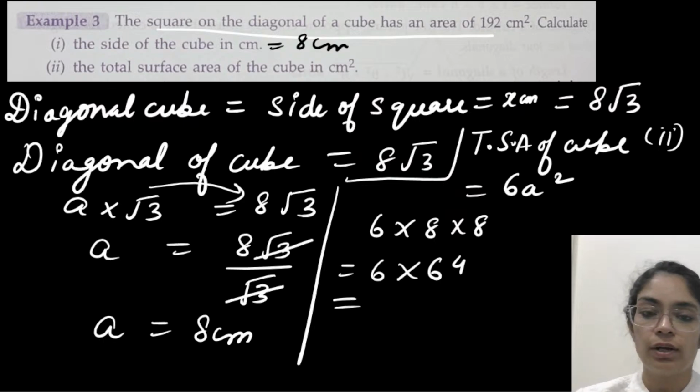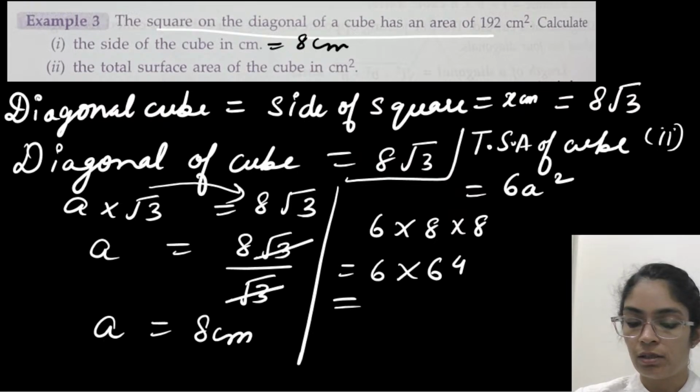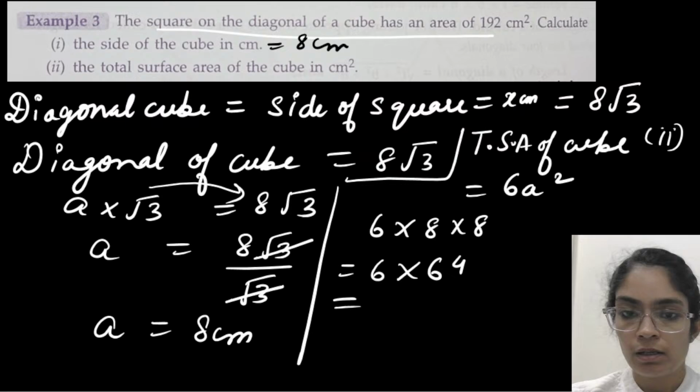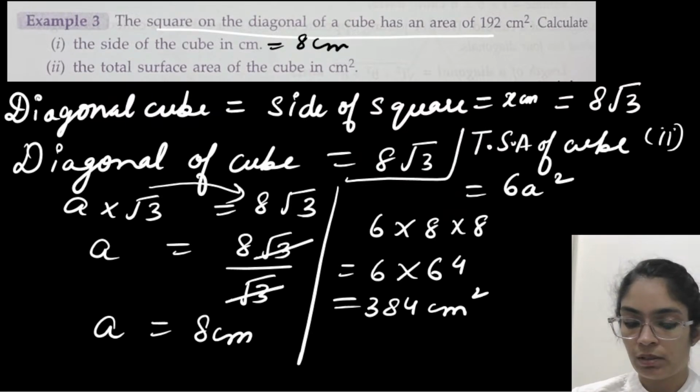512, how is it? It's not 8 cubed. It's total surface area we are finding. We are not finding the volume. So 384 Shashank has given. Is it correct? Centimeter square. Yes, so total surface area is 384 centimeter square.